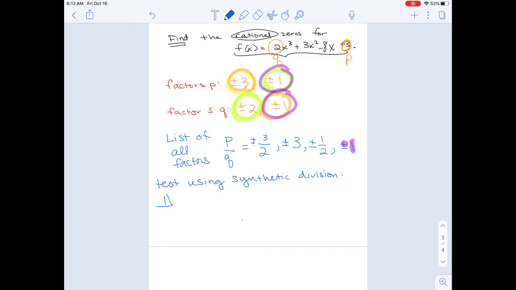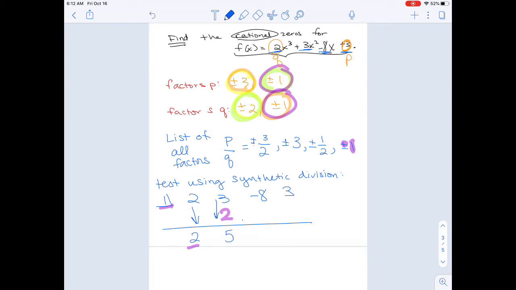And then again, using this in our synthetic division, we put our coefficients in descending order. So 2, 3, negative 8, 3. Draw your line, bring down the 2. And now we're going to multiply. 1 times 2 is 2.